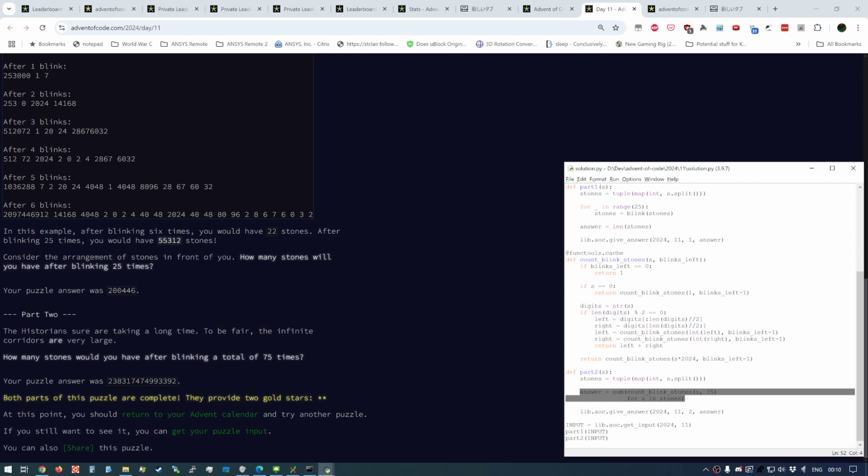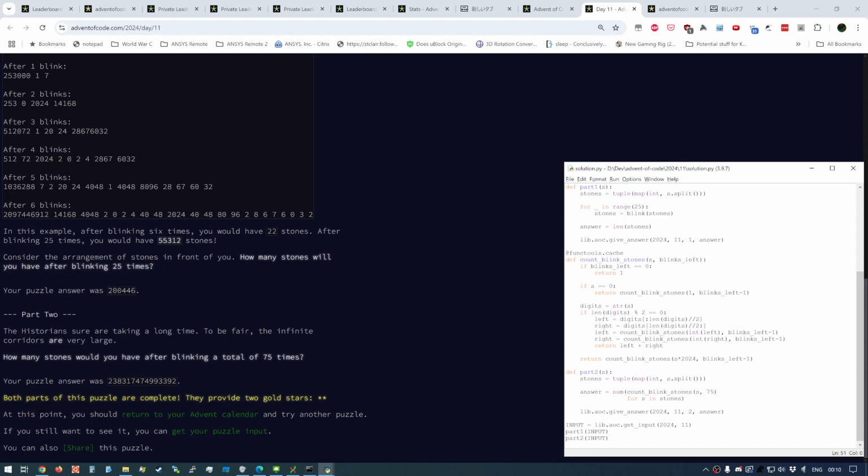The one thing I am wondering, and I'm assuming that this is going to be explored on the Reddit, is there a deeper pattern here? It feels like there may be, and some of the math wizards on Reddit may find something where we don't even need to track the full numbers anymore, because some of these numbers are actually going to be pretty big.